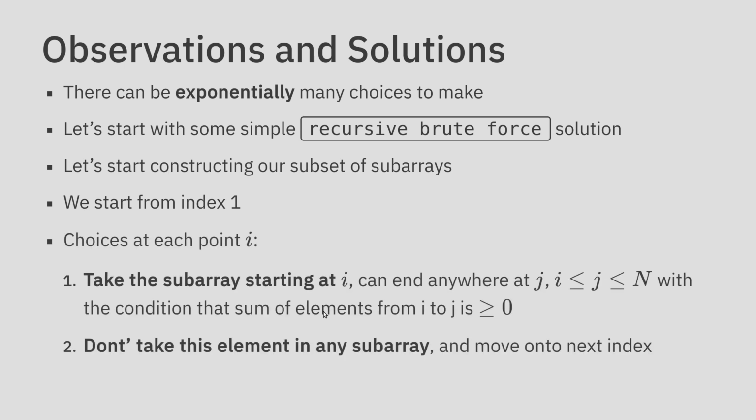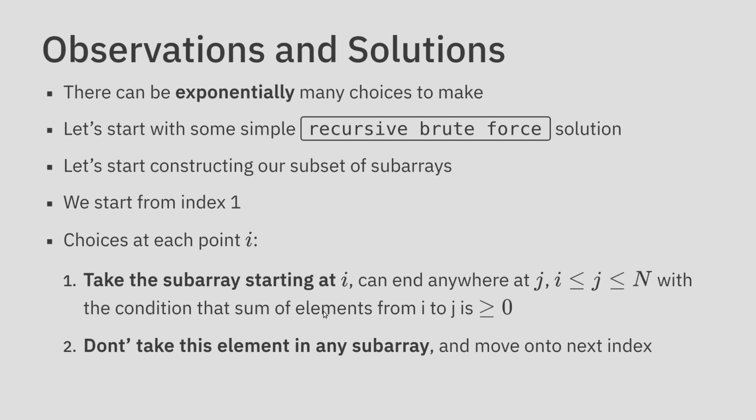So I've listed down the choices at each point I. So there are basically two choices: either take the subarray starting at index I, and if you're going to start it at index I, it can end at any index j which is greater than equals to I, and the condition is that the sum must be greater than equals to 0.